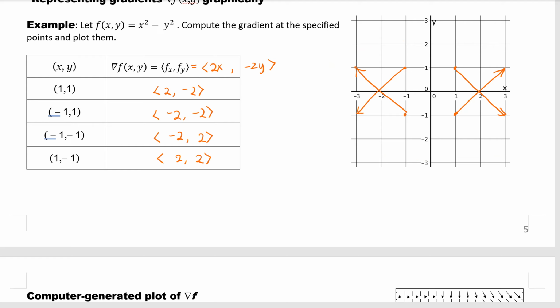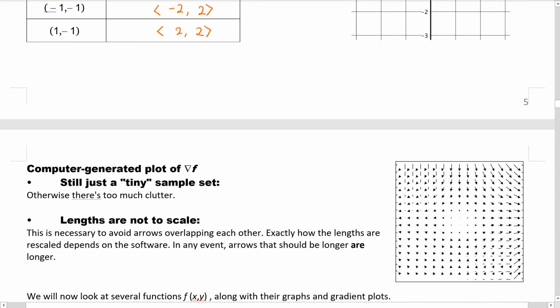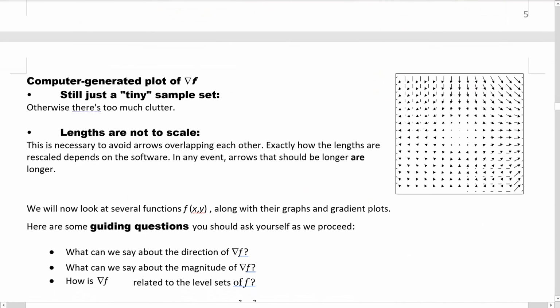Sometimes in the slope field, we can scale the vector to be a smaller number, so that we have a lot of smaller segments, helping us to understand what the flow is. Here we can do the same thing. We can also rescale the vector to make it more tiny, so they won't cross each other. Computer generated plots of the gradients.